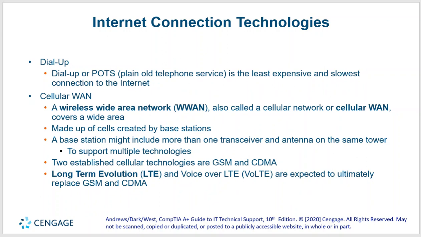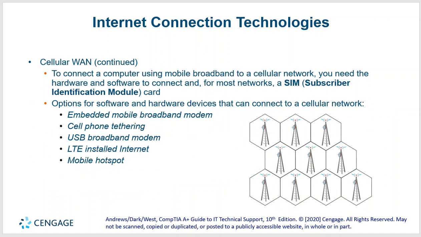And cellular technologies, you have your GSM, your CDMA, so they're your older stuff. Now you've got your LTE, long-term evolution. So if you have a look at your phone, it might say 4G LTE. There's our cellular WAN.